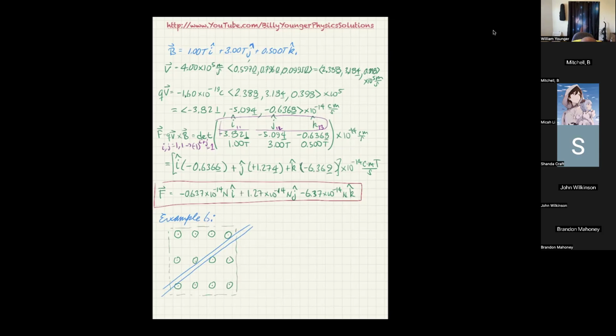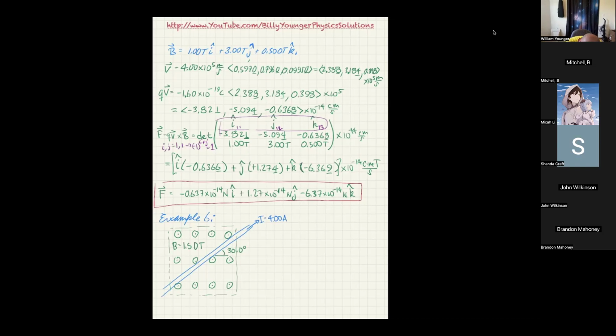Okay. And not only that, I'm going to say that this angle right here is 30.0 degrees, that this current pointing this way is equal to 4.00 amps. This magnetic field strength, B, is equal to 1.50 Tesla.